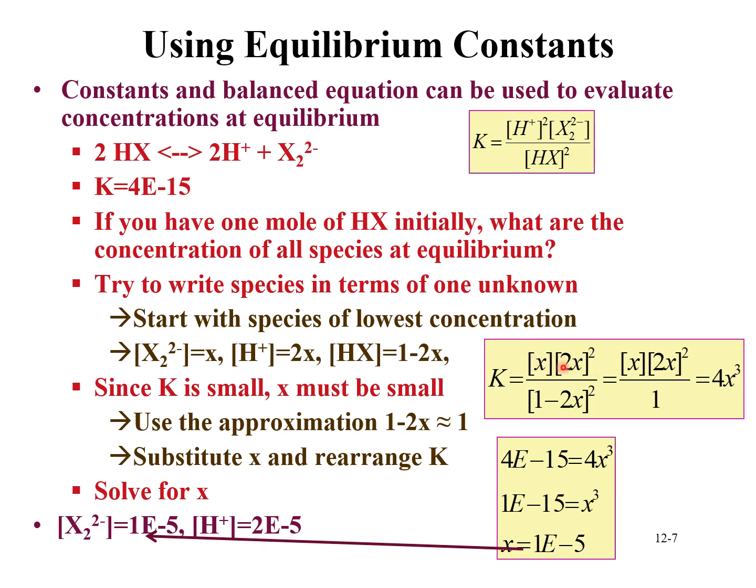This is our dimer concentration, and this is the concentration of the reactant. We're going to say the concentration of the reactant is fundamentally 1. This becomes K is equal to 4x cubed. If K is 4 times 10 to the minus 15, 1 times 10 to the minus 15 is equal to x cubed. X is equal to 1 times 10 to the minus 5. So this dimer is equal to 1 times 10 to the minus 5.